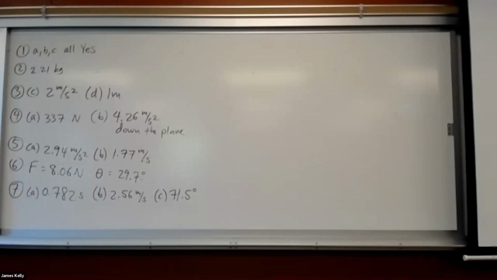If you're choosing plus y down, then that 15 should come in with a minus sign, because its y component would be negative. And then the m times 9.8 would be positive, right?